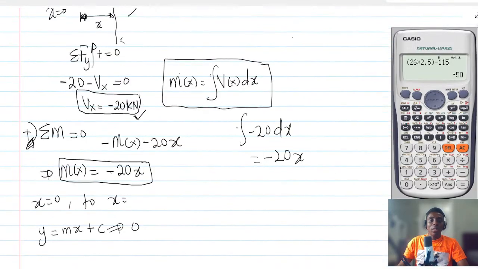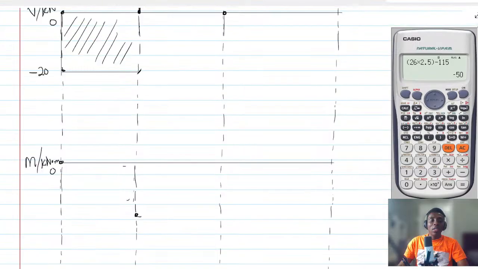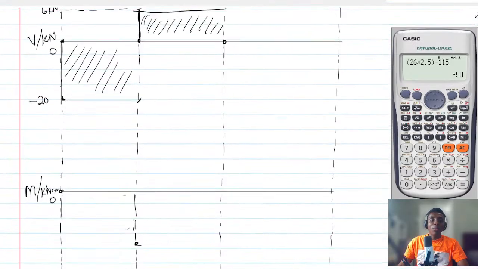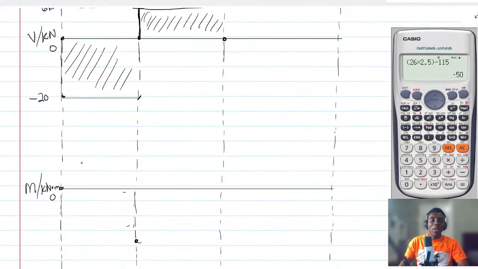For the first one, the moment was minus 20x. At x equals 0, we will get 0. But at x equals 2.5, we have to calculate, because x is running from 0 here to x equals 2.5 here.